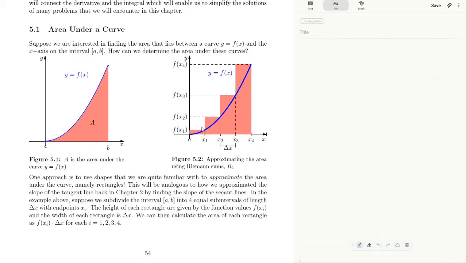So in the first rectangle, the height is given by f of x1. The second rectangle has a height of f of x2. The third is f of x3, and the fourth is f of x4. We can then calculate the areas of these rectangles by taking the function values of these x-coordinates and then multiplying it by the width of the rectangles, which are all given by delta x.